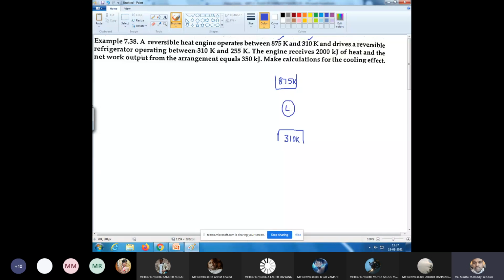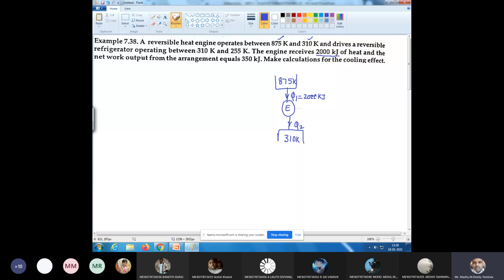This is the engine. It is taking heat from here and rejecting heat to this. Let us say this is Q1 and this is Q2. The engine receives 2000 kilojoules of heat, so Q1 is equal to 2000 kilojoules of heat, and the net work output is given.